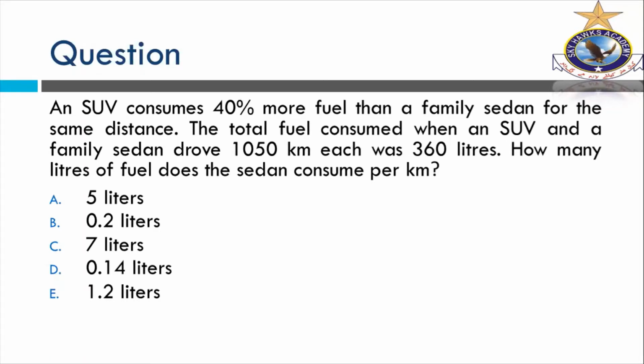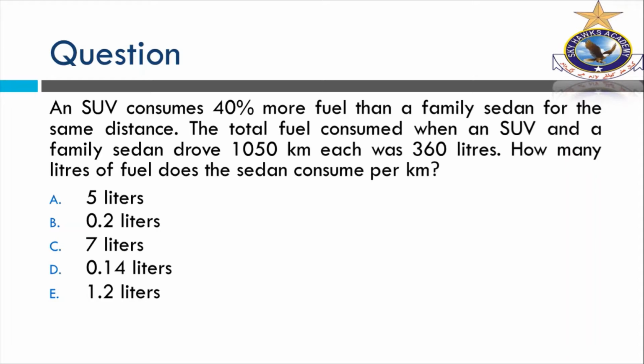An SUV consumes 40% more fuel than a family sedan for the same distance. The total fuel consumed when an SUV and a family sedan drove 1,050 kilometers each was 360 liters. How many liters of fuel does the sedan consume per kilometer? So this is all about the story.